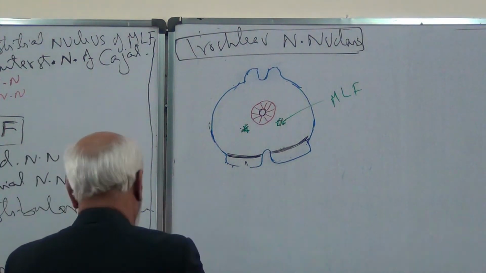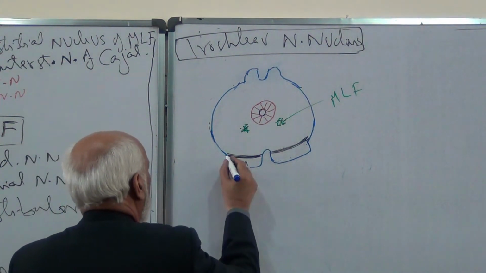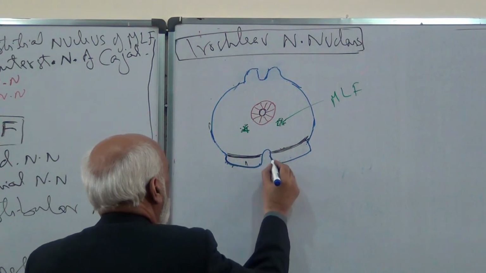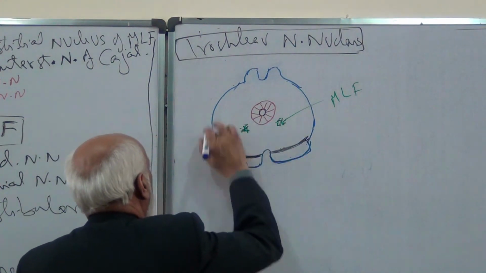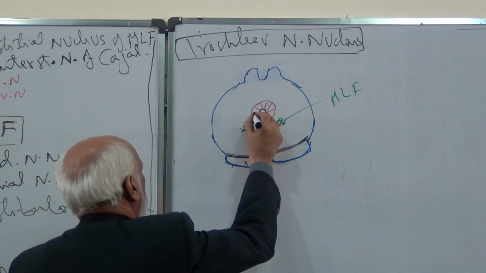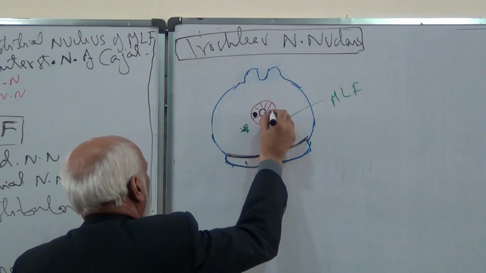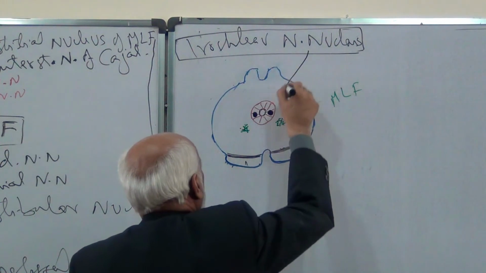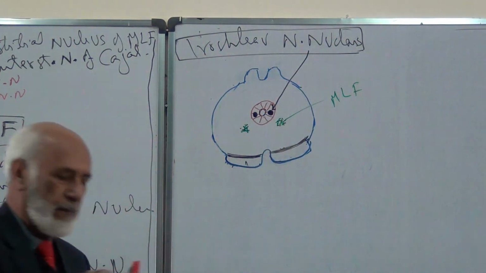It is located in the lower part of the midbrain, at the level of the inferior colliculus, in the central gray matter, lateral to the cerebral aqueduct. This is the trochlear nerve nucleus.